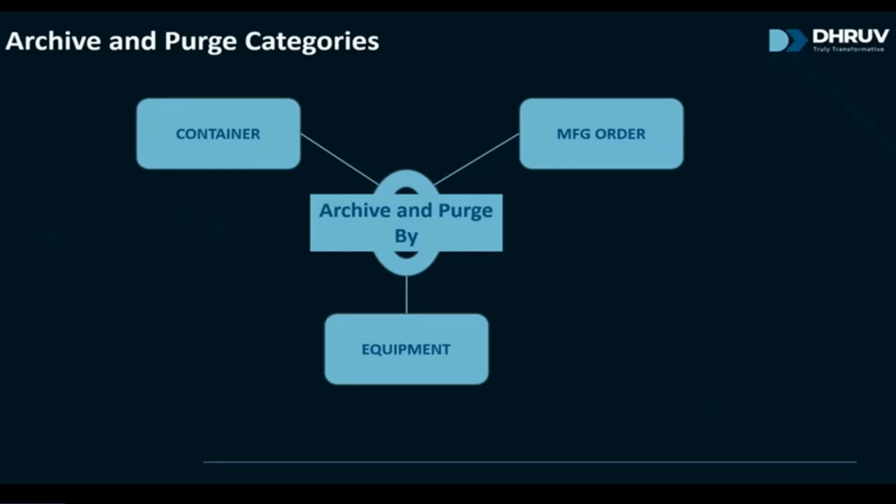Next is archive and purge by manufacturing order, which will process completed manufacturing orders, associated containers, and their history records. And finally, archive and purge by equipment, which will process equipment, job, and part-related history records. This category-based approach ensures related data is processed together while maintaining referential integrity.